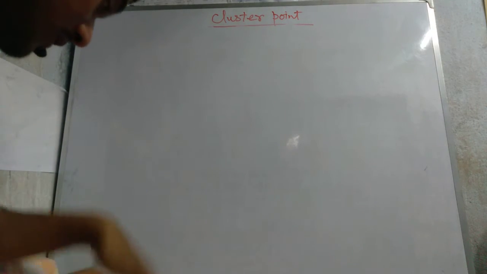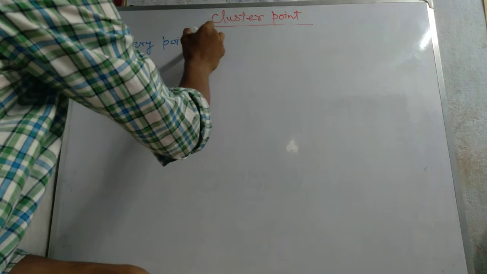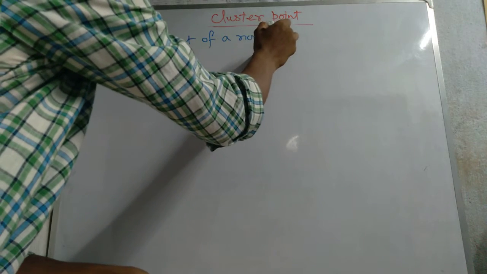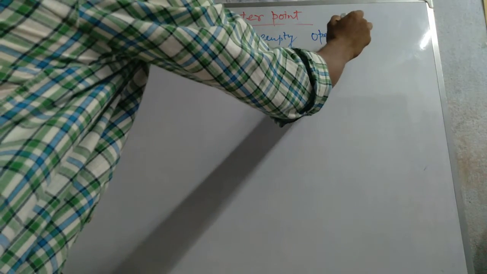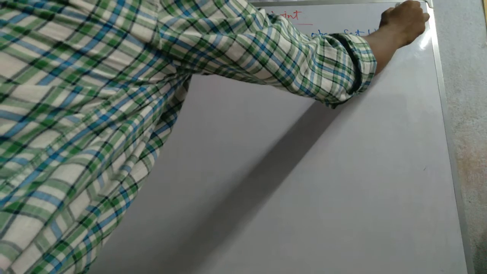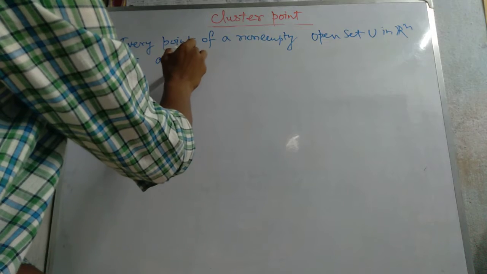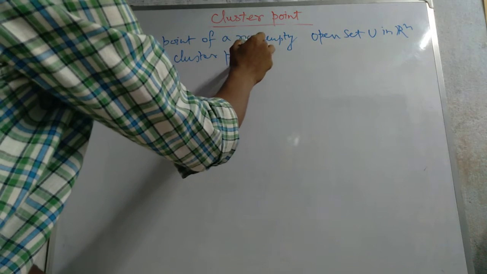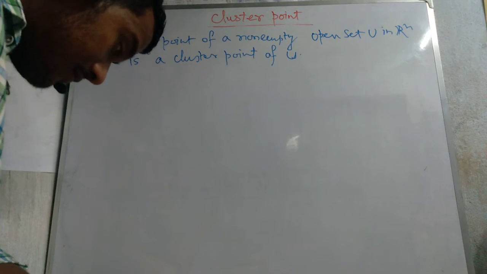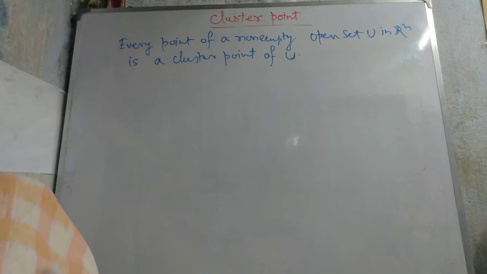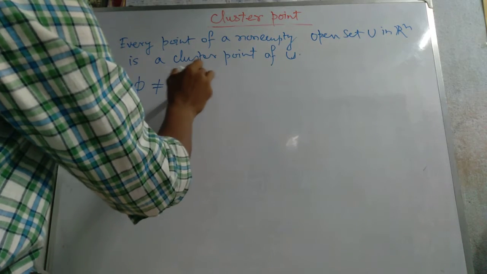So this problem is: every point of a non-empty open set U in R is a cluster point of U. That means empty set not equal to U, subset of R.